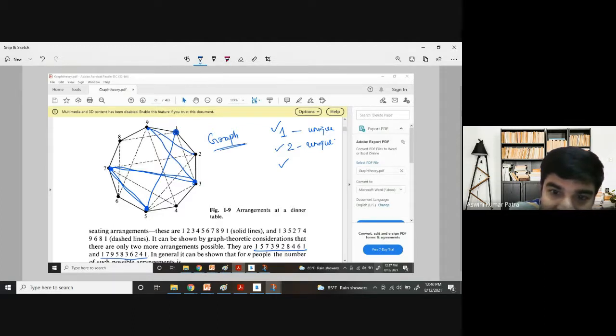Then after 2, 2 could be connected to 8. And 8 could be connected to 4. 4 could be connected to 6. And 6 can be connected to 1. This is one solution. So far in the graph I have 3 unique solutions, 3 unique arrangements.